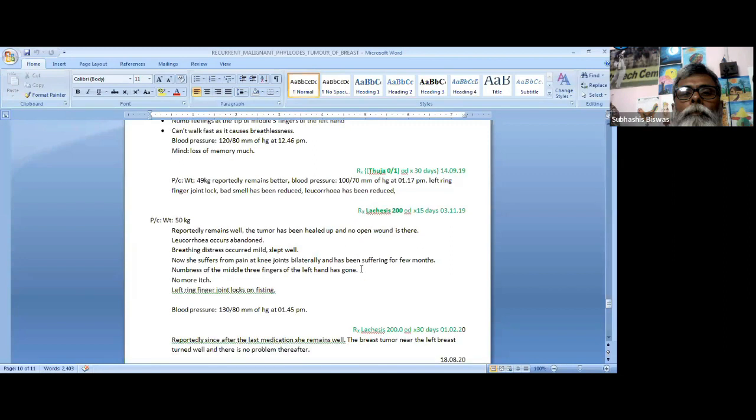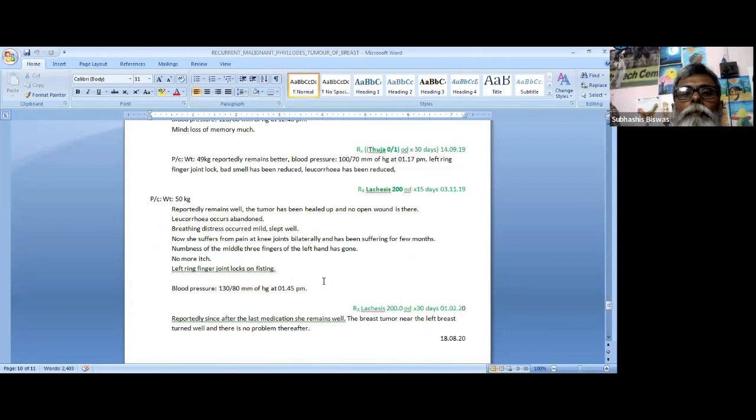See, and the next visit was 1st of February 2020. It was placebo. Her weight gained to 50 kilos. I started the treatment at 45 kgs, and now it was 50 kilos. See, leukorrhea abundant, breathing distress very mild. She slept well. Now she suffers from pain in joints, left finger joints lock, pressure, everything normal.